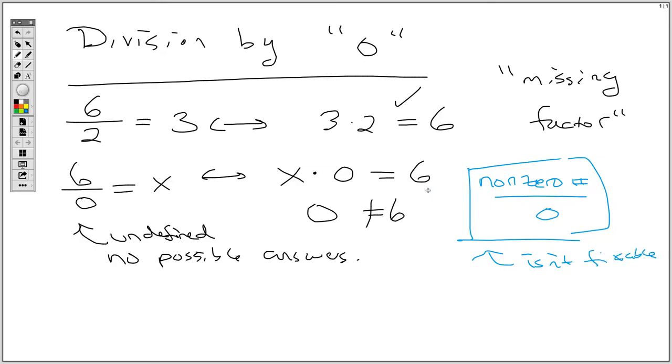Okay, so that isn't fixable, and we're going to see what that means graphically in a minute. Now let's look at the other case of division by 0. What if you want to do 0 divided by 0? If we proceed the same way, let's call that number x.